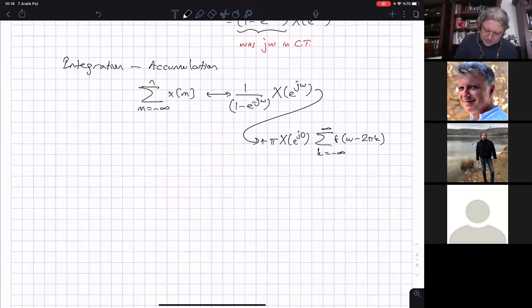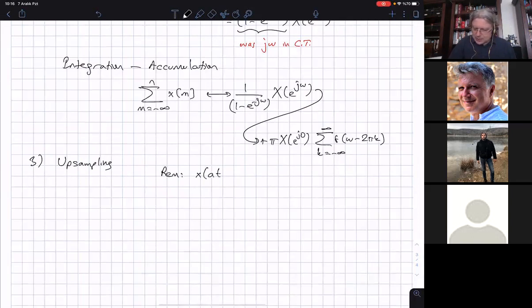The third property that we can talk about is upsampling. Upsampling is like scaling in time. So what we have to do is remember maybe this.